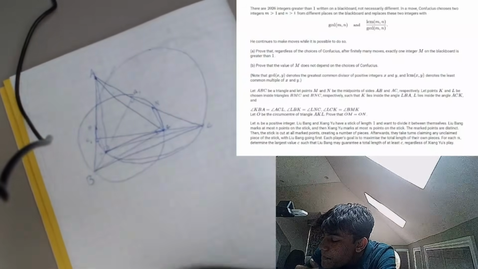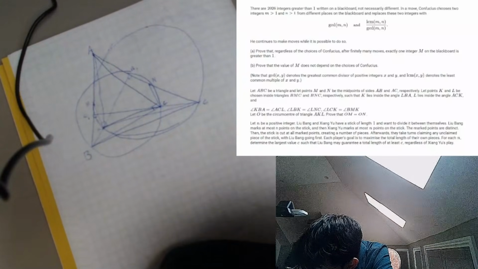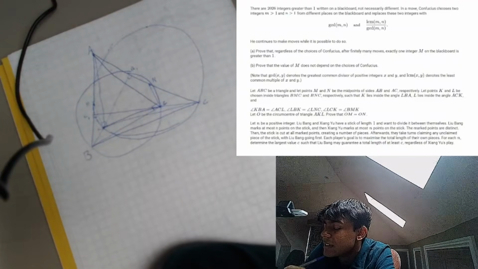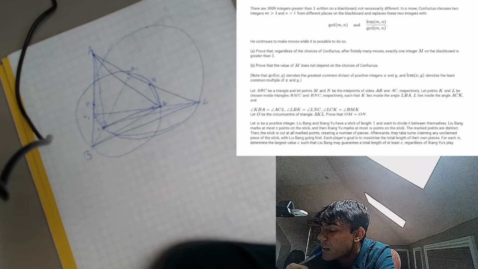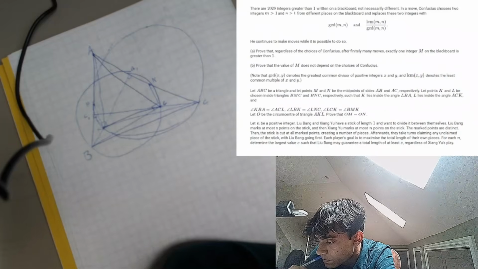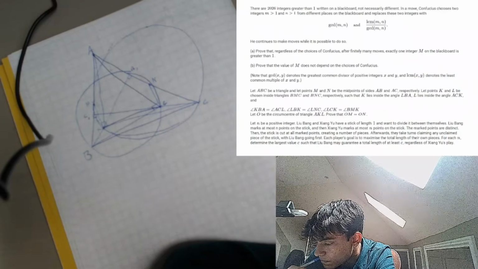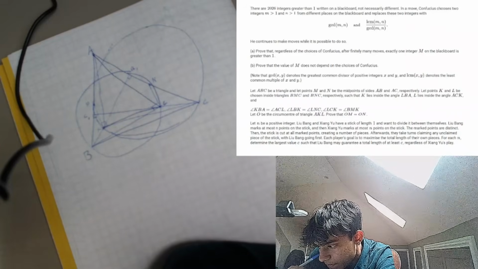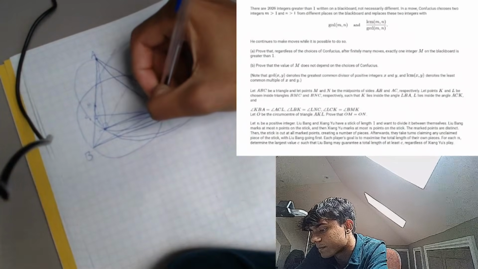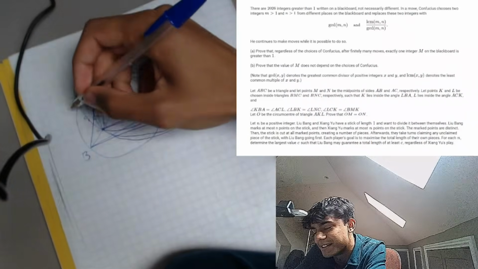Okay, so if we drew the circle AKL, this is getting really messy.